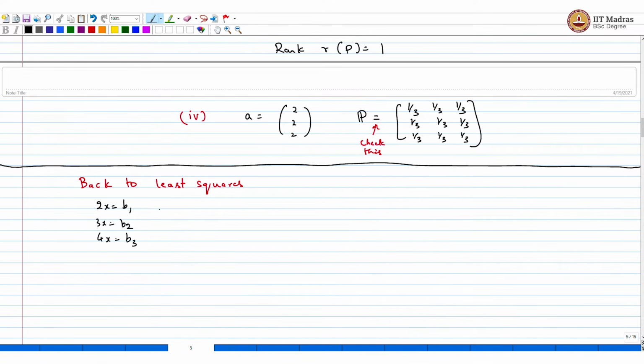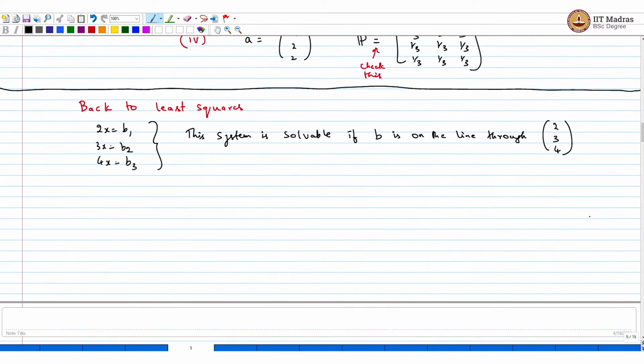So when is this system solvable? This system is solvable if b is on the line through 2, 3, 4, otherwise it is not solvable.